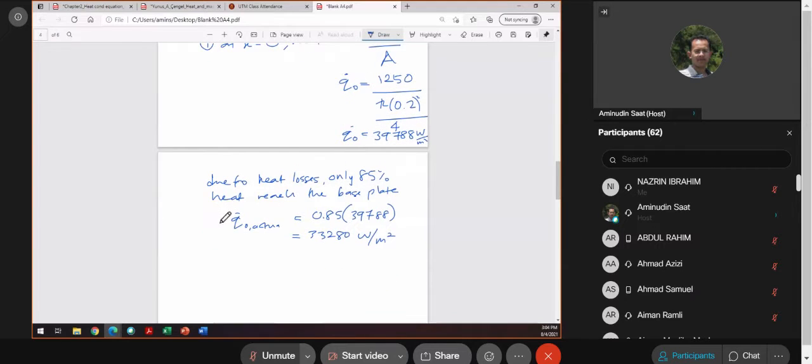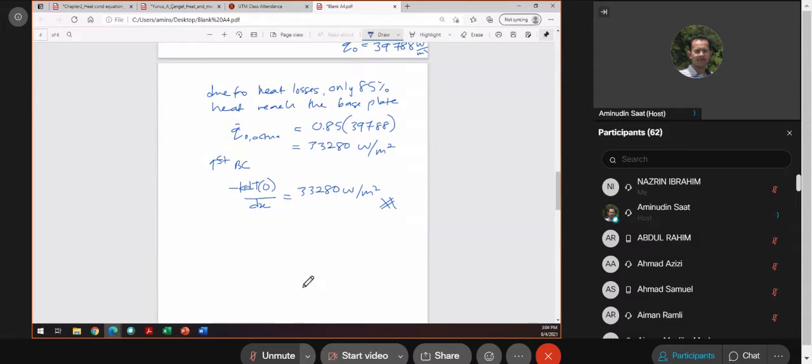So the first boundary condition is basically negative K dT at x equals 0 divided by dx equals 33280 watt per meter square. So this is the first one.